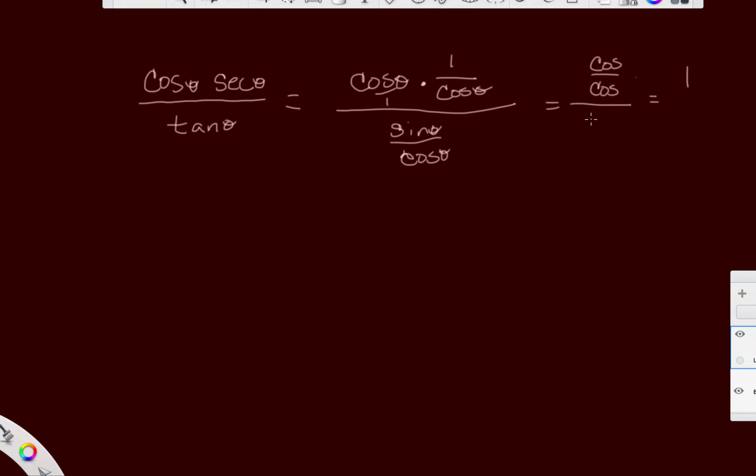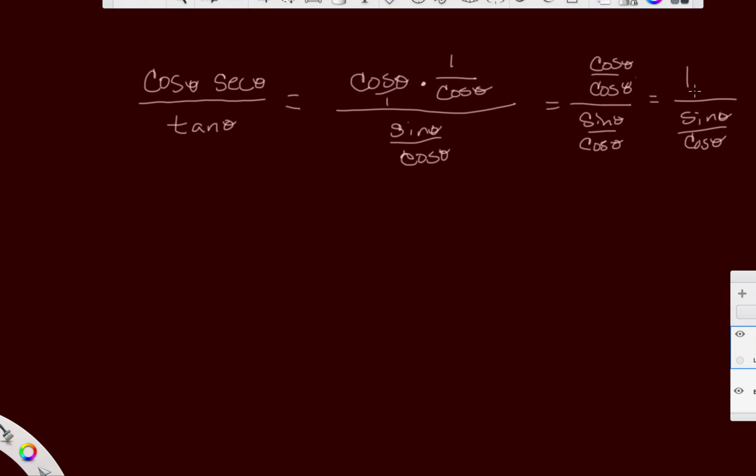And we still have sine over cosine. I could leave it as 1 over sine over cosine. If you already know that you have tangent on the bottom, you could say what's 1 over tangent and be finished with this problem, and that's okay.